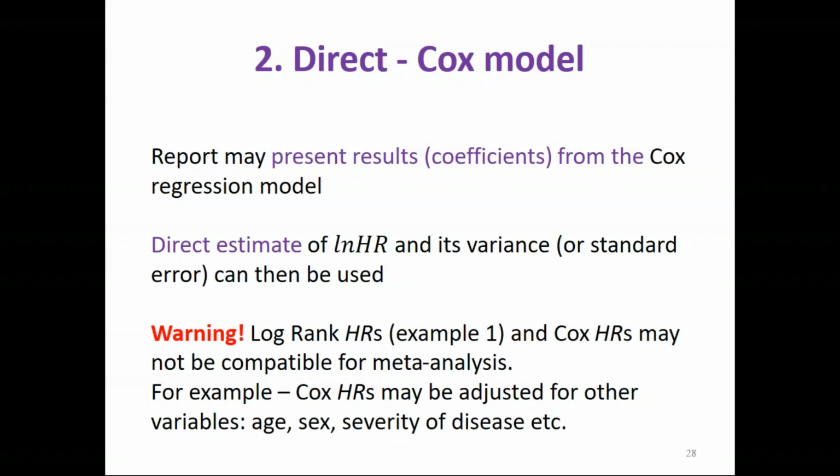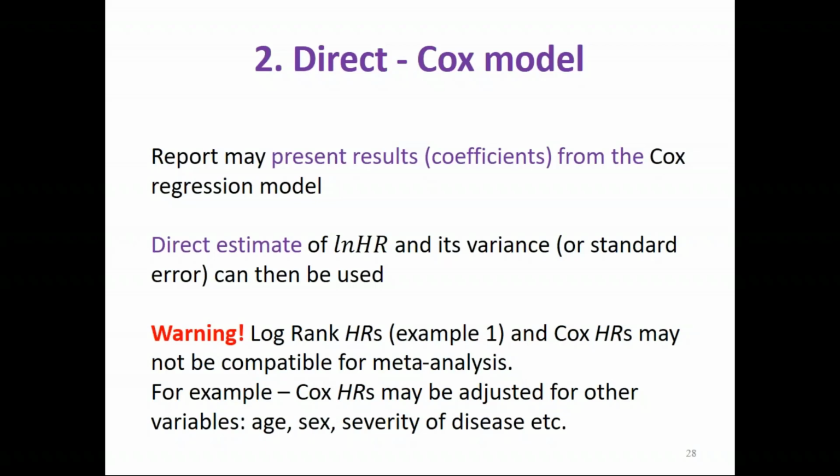Just be careful though that you're aware of what has been included in the Cox regression model if this is the information you're extracting. It may be that the Cox regression model has just included the risk factor for treatment, in which case the hazard ratio, the log hazard ratio, is an unadjusted effect.